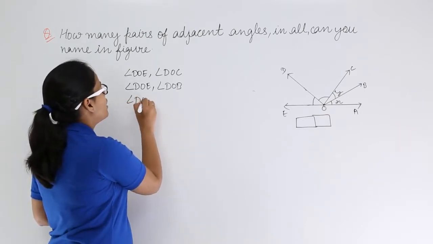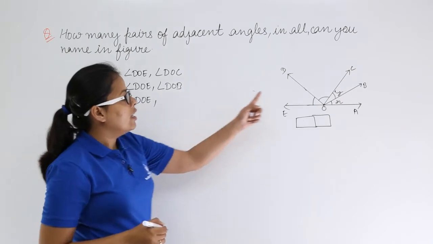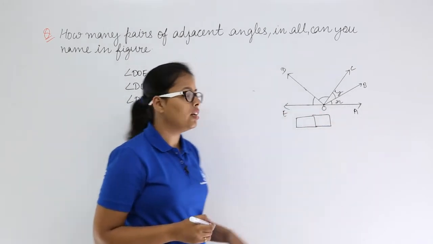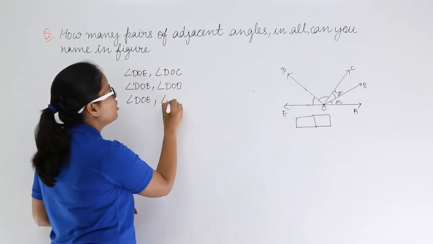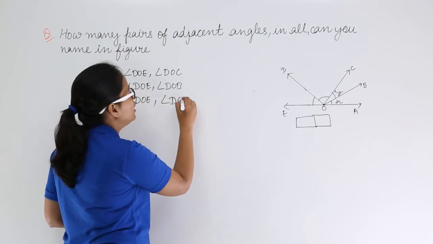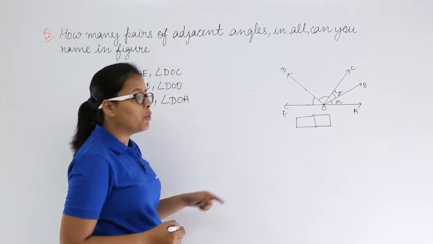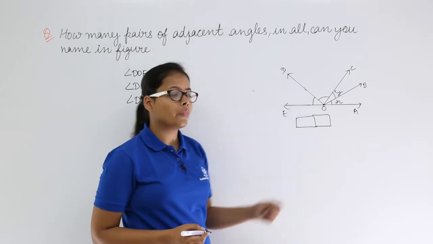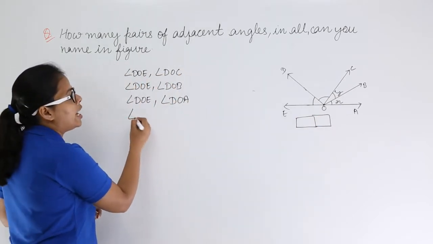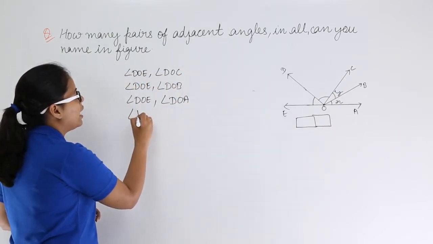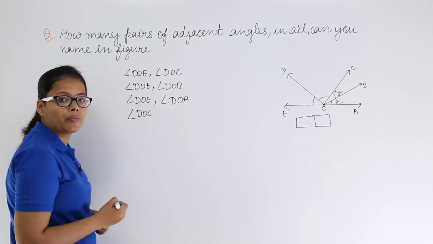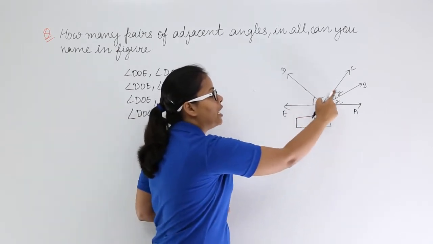There can be one more case. Angle DOE is adjacent with angle DOA. Why? Because this line is common again. Now, let's suppose we are taking angle DOC. We are taking this angle.